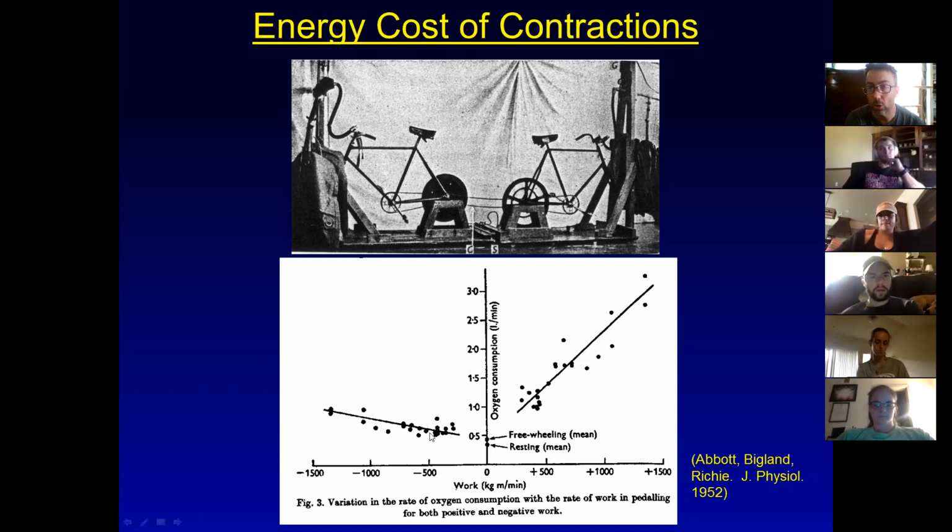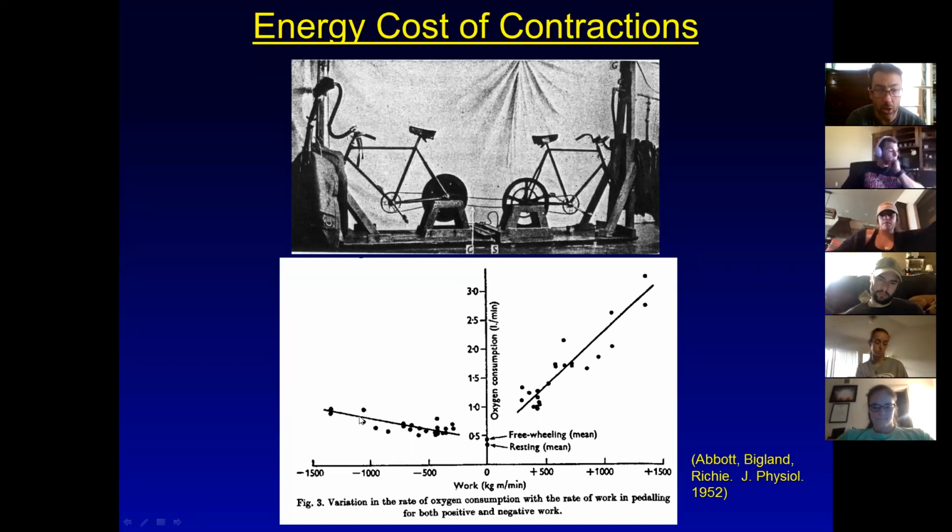When we go backwards, you're doing the exact same amount of resistance, just in the opposite direction. What I want you to note is that as we increase, we do see some level of increase in energy expenditure, but it's much shallower.